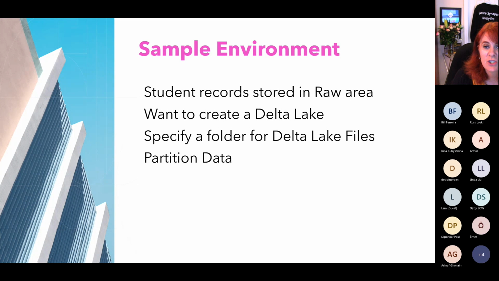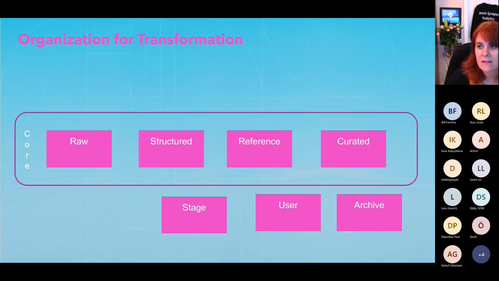Plus, as a benefit, it is cheaper for long-term storage. I may choose to partition my data into a yearly, a monthly, maybe even a daily partition. Depends on the kinds of data and where I'm getting it from and what my clients have to say about that. Now, I'm going to then look at how I want my data organized.